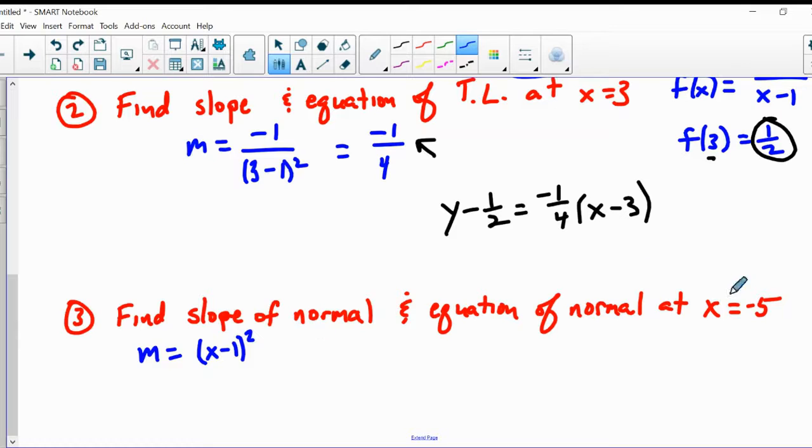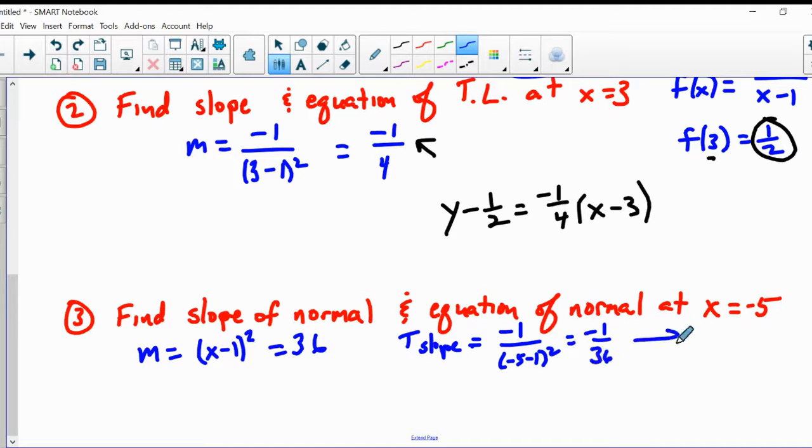But either way is fine. So if I sub in negative 5, I get negative 6 squared, which is 36. Or I could have done it from the tangent slope. The tangent slope is negative 1 over negative 5 minus 1 squared, which is negative 1/36. And then you can take the opposite reciprocal and get 36.